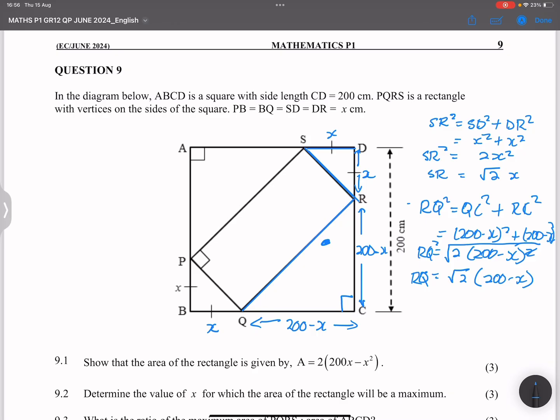So now we are looking for the area of the rectangle. So that means that area would be the length times the breadth. So we can say that the length is RQ. Now let's just say SR, doesn't really matter, multiplied by RQ. All right, and in this case we've got root 2x multiplied by square root 2 into 200 minus x.